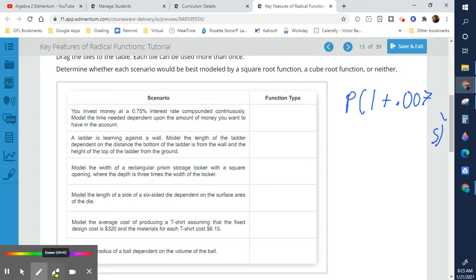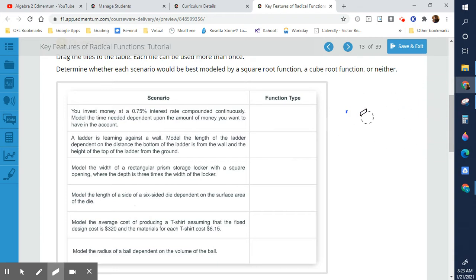Let me write this somewhere where that doesn't happen. So you have your principal times 1.007, and you're doing this every month. So every month you have to multiply it by 1.007. So this is an exponential function because you keep multiplying it.